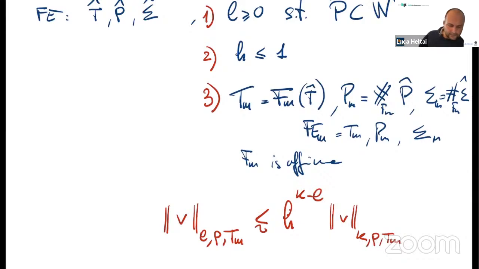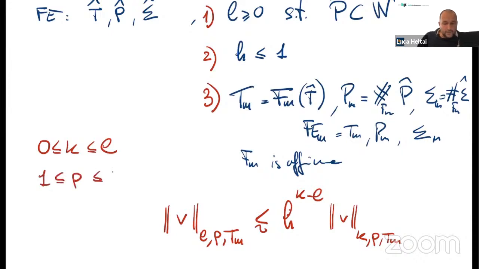And this is valid for all k smaller than l, and for p between 1 and infinity.